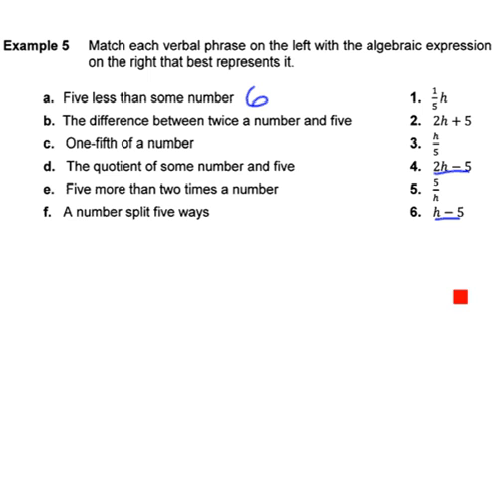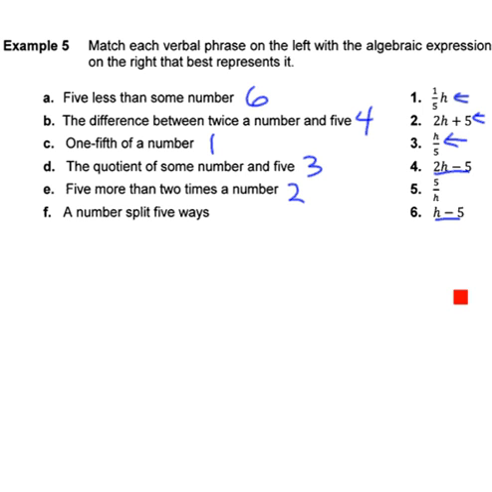That's going to be number 4 right here. 1/5 of the number looks like this. That's going to be number 1. The quotient of some number and 5 looks like this. So that's number 3. 5 more than 2 times a number. That's going to be this one.